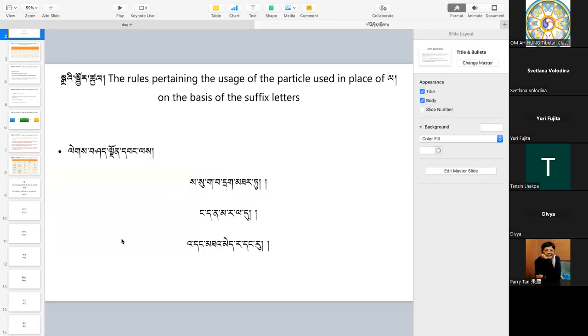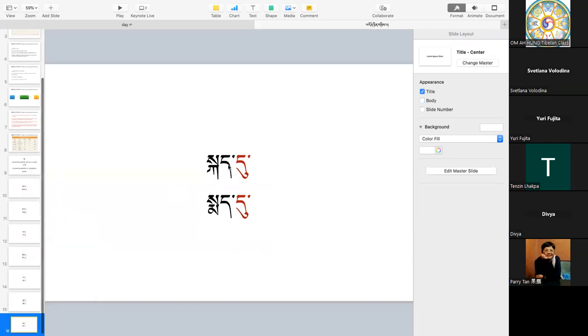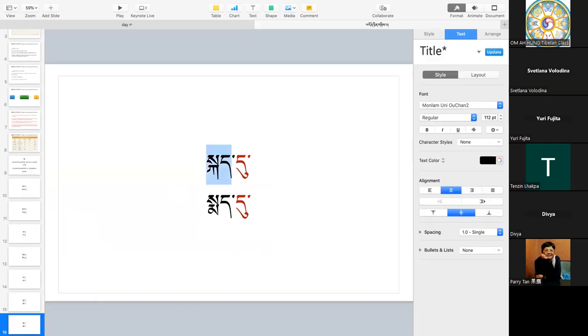Then, if it has a suffix letter na: men, tu. Shen, tu. Men, which means medicine. Shen, which means other. So, since it has the suffix letter na, it will be followed by tu.